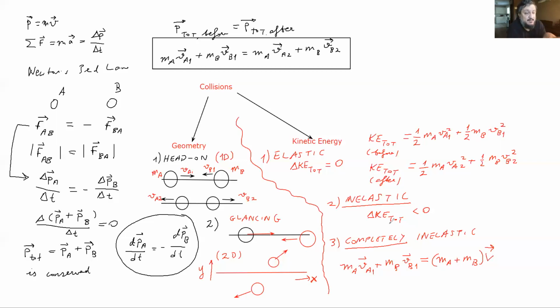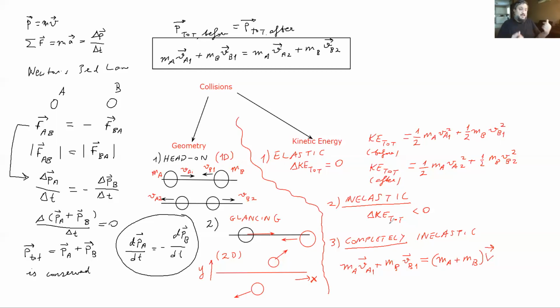But keep in mind, all of this requires momentum conservation, okay? Momentum conservation is a direct consequence of Newton's third and second laws. So they are universal, okay? There are no exceptions. Momentum will be conserved as long as we are completely ignoring external forces. In the presence of external forces, of course, momentum is not conserved, right?